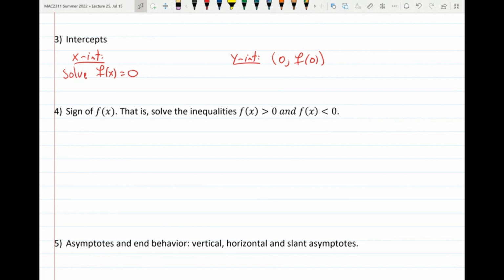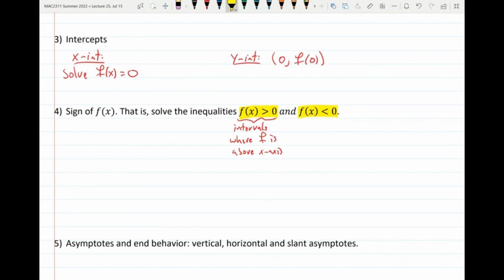Why is this helpful? Well, when you find where f(x) is greater than 0, you are finding the intervals where f is above the x-axis.